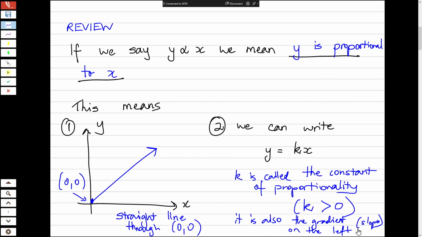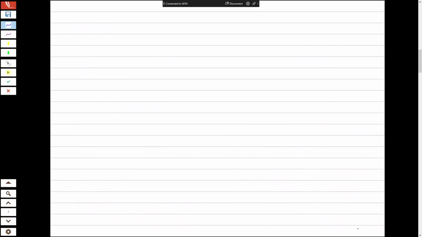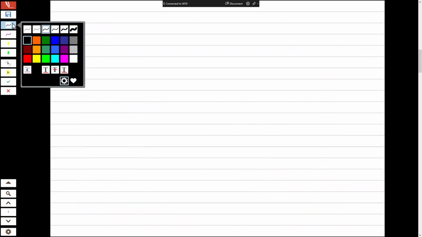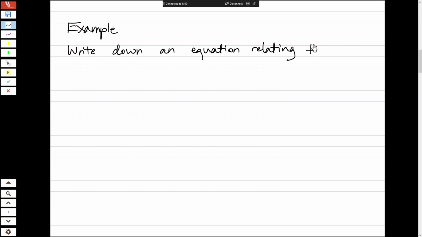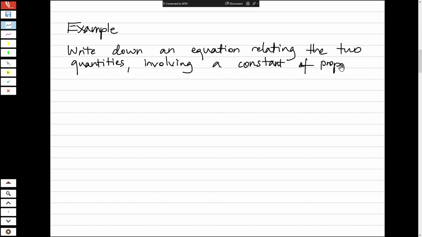Okay, now just for the benefit of those of you who were away, or maybe you've forgotten what we did last lesson, I'll do two examples. So we're still not covering any new content yet. So the first example is, and you don't have to write this down unless you want to, write down an equation relating the two quantities involving a constant of proportionality.